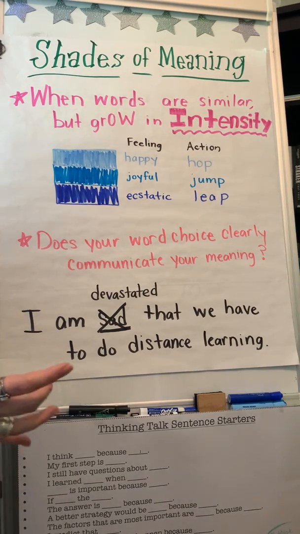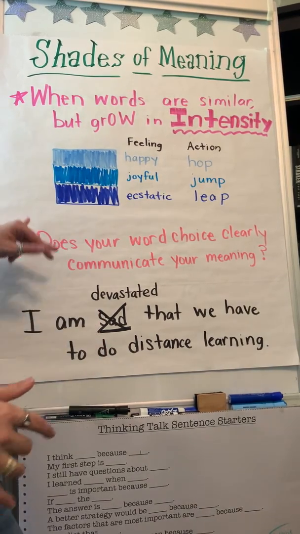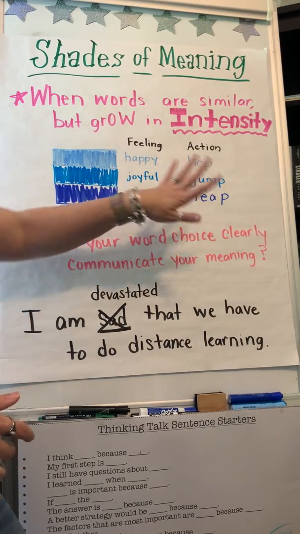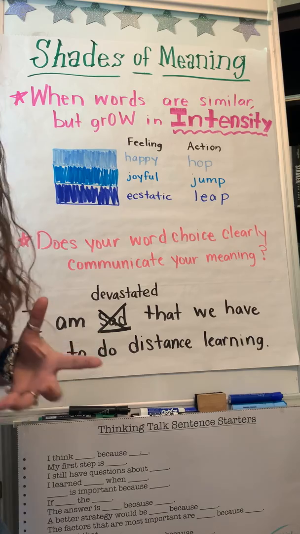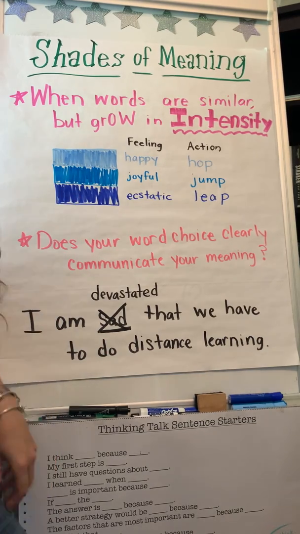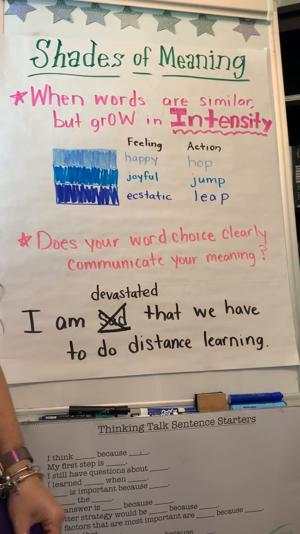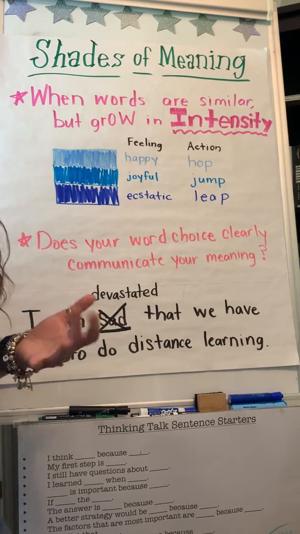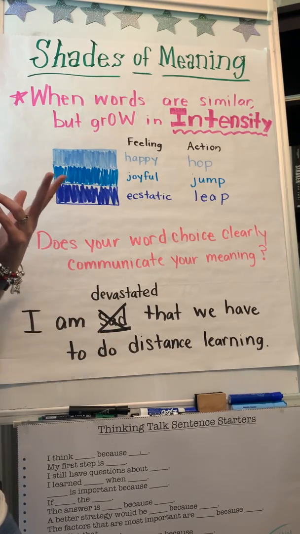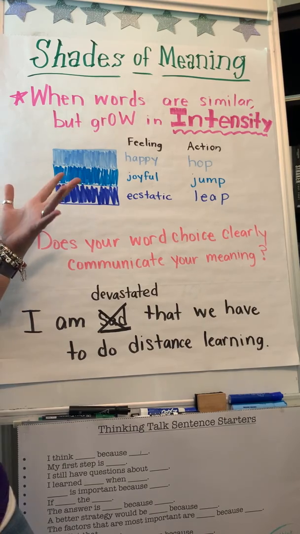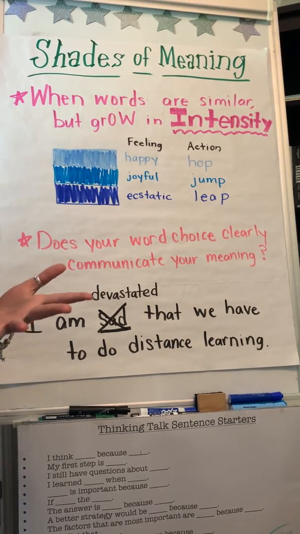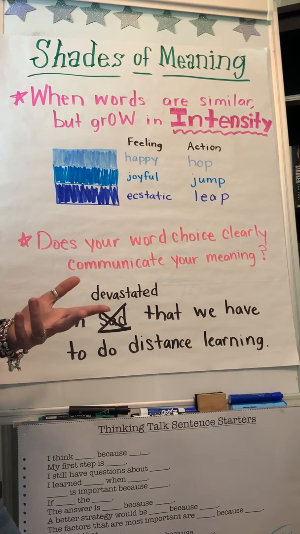So when you guys are writing, this is something to think about. Does your word choice for your feeling or your action truly communicate the meaning you're trying to convey? If you're writing a story about running a race, are you using words like racing and zooming and pushing yourself?